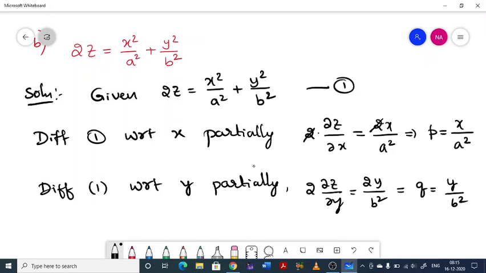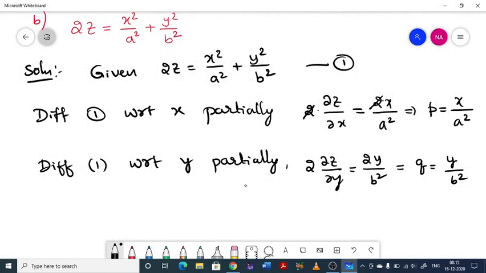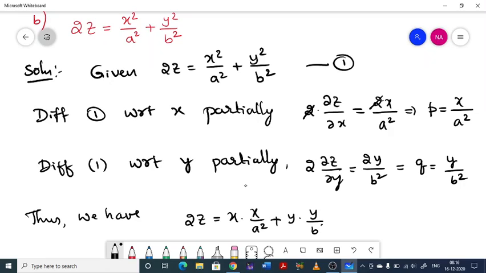Now thus we have 2z equal to, I can write this 2z as x into x by a square plus y into y by b square, which is equal to x into x by a square is p, plus y into y by b square is q.